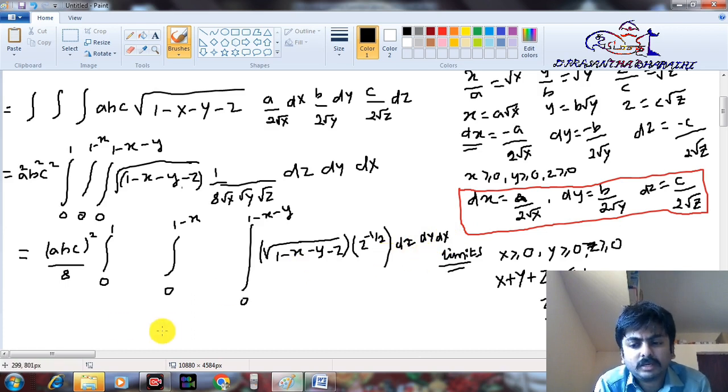Now I have some constants here, that is root x and root y.